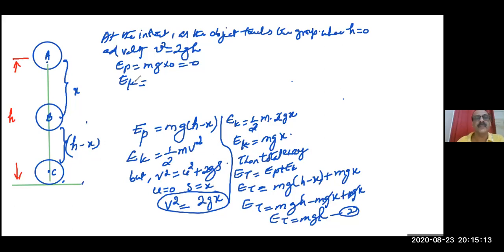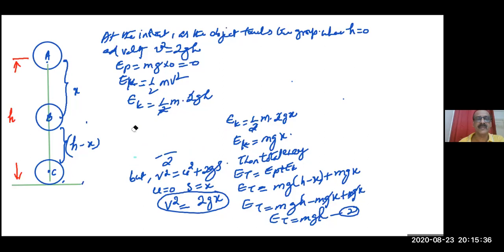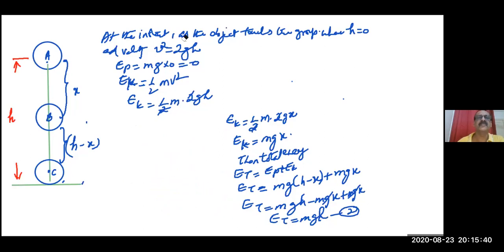Then EK is equal to half mv squared, and EK is equal to half m into 2gh, it cancels. Then EK is equal to mgh.